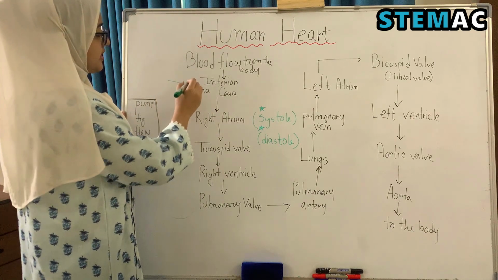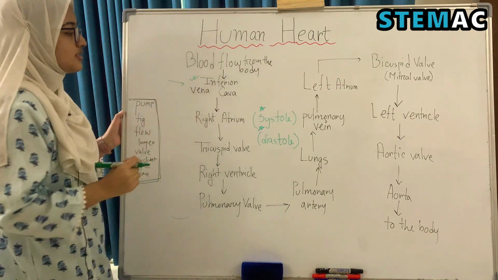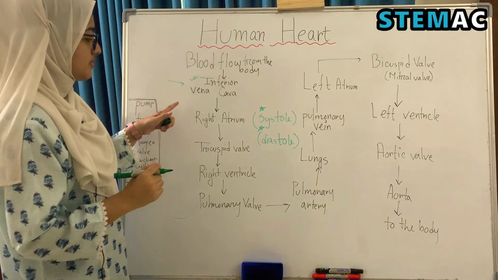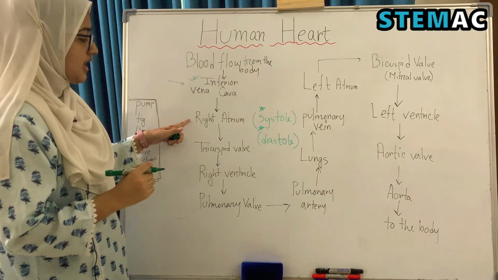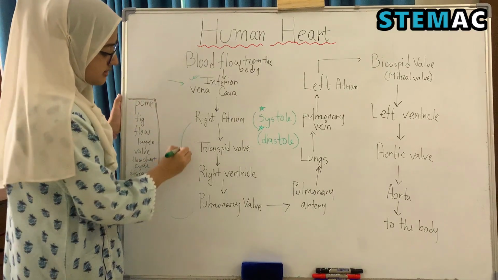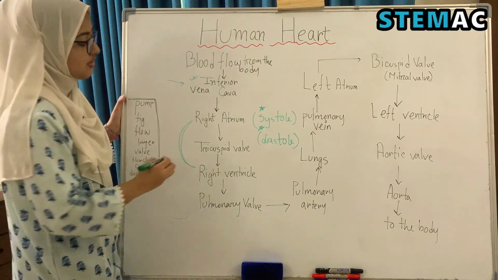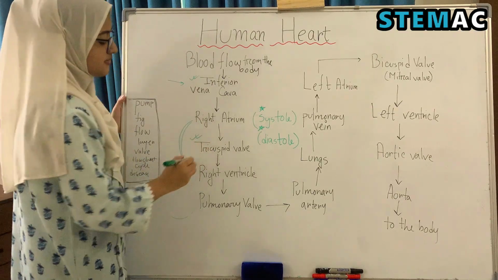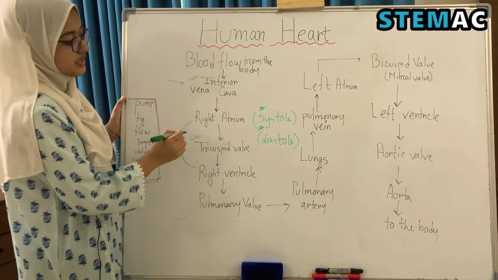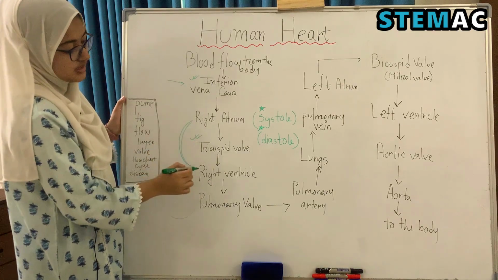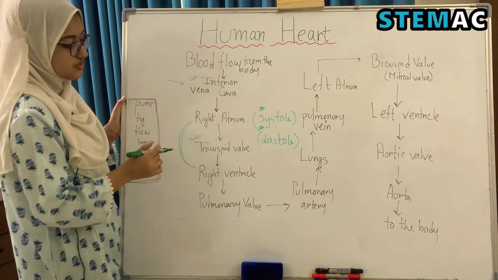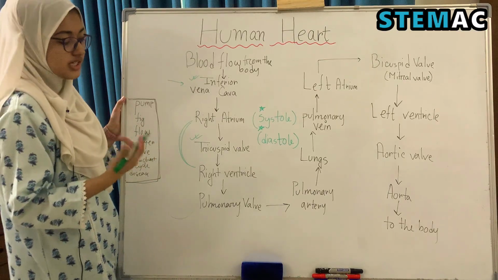So we are using the inferior vena cava here. Through the inferior vena cava it comes to the right atrium, and between this right atrium and right ventricle there is a valve called the tricuspid valve. Through this valve the blood comes towards the right ventricle from the right atrium through contraction and relaxation.